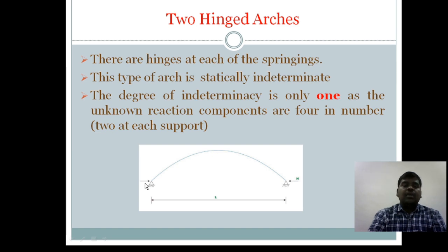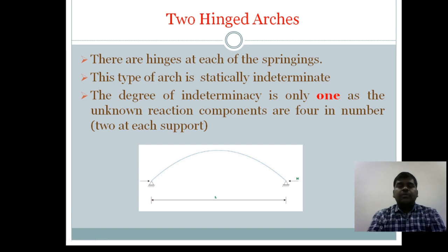So there are four reactions for a hinge beam or for a hinge support. The number of equilibrium equations is only 3. So when we subtract the number of equations, 4 minus 3, we get 1. So the degree of static indeterminacy is only 1 for two-hinged arches.